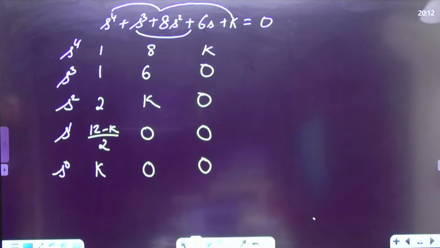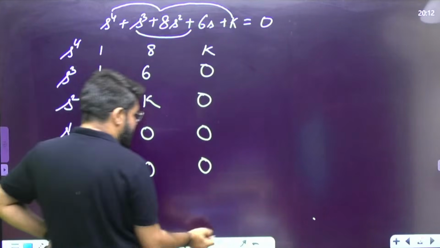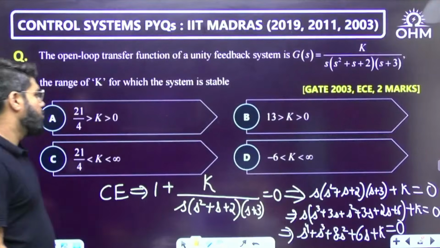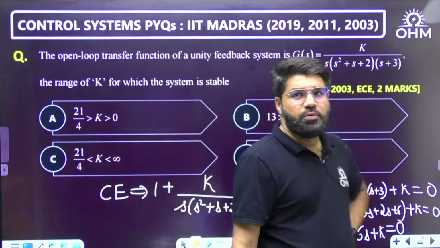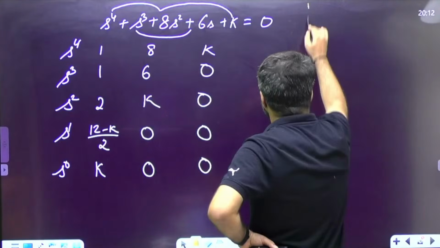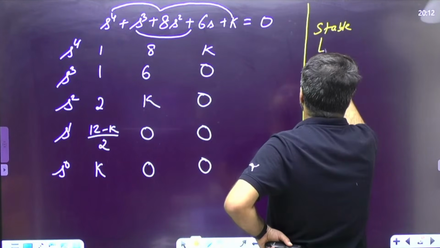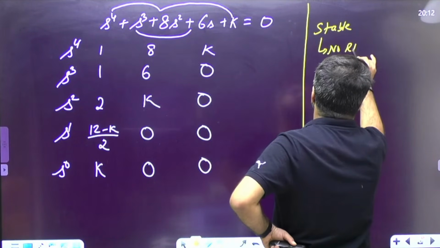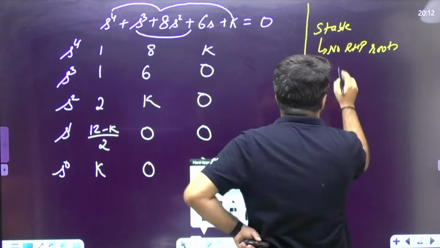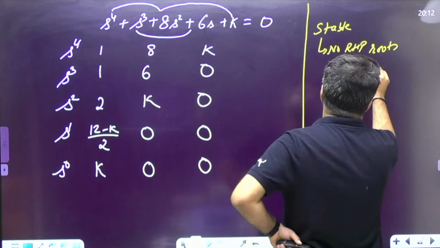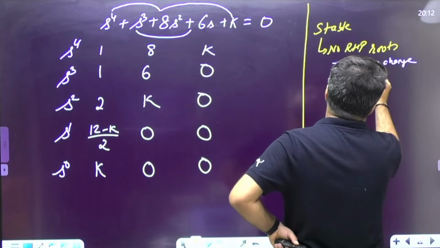You want the system to be stable. That means you don't want any sign change or any row of zeros. As I told you in the last class as well, you want no RHP root, which means no sign change in the first column of the Routh array.